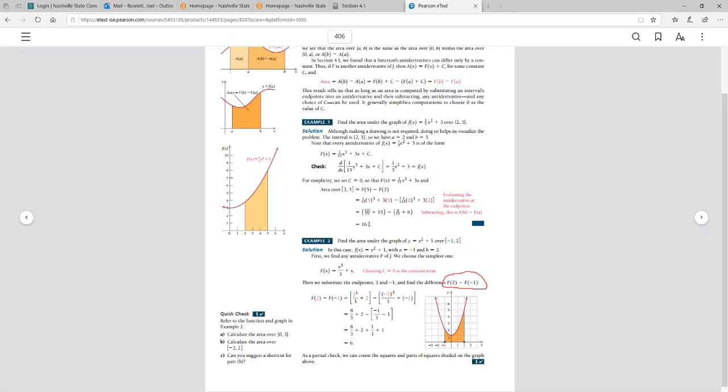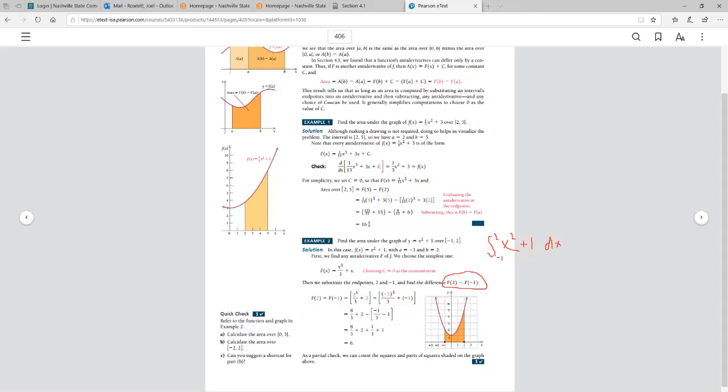So let's take the integral of x squared plus 1 with respect to x. This is a definite integral, and we're going from -1 to 2.